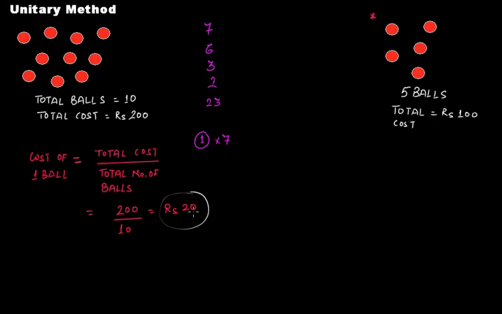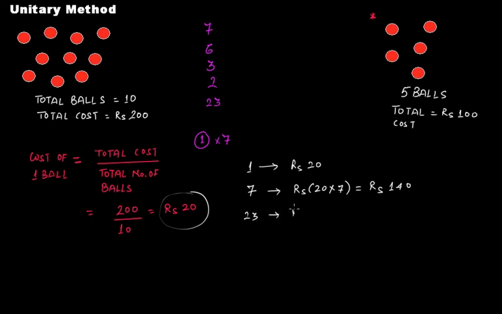If the cost of one ball is rupees 20, then what will be the cost of 7 balls? Simply that will be rupees 20 times 7, that is rupees 140. What will be the cost for 23 balls?